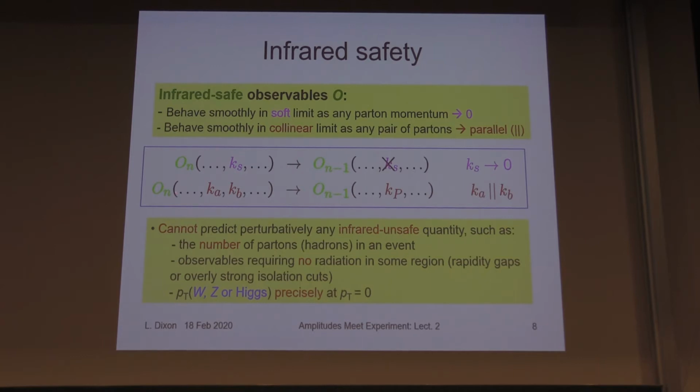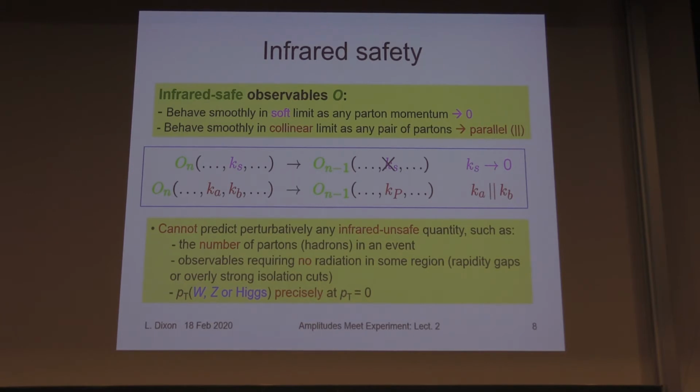And also, if we take two momenta to be parallel, like Ka and Kb, the observable should also be smooth.